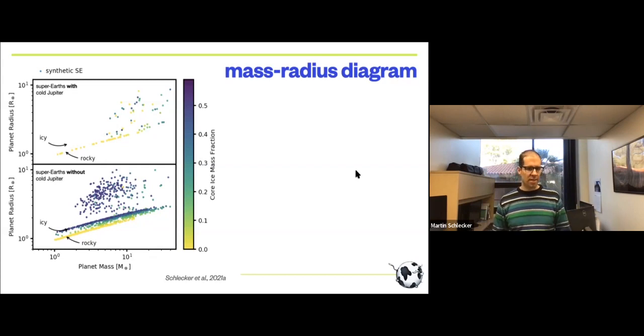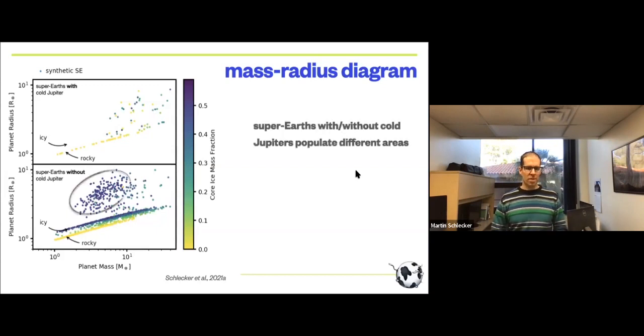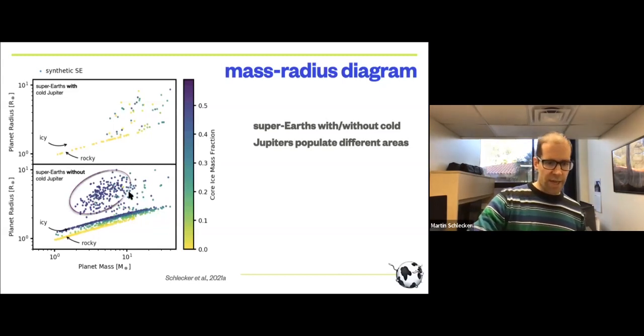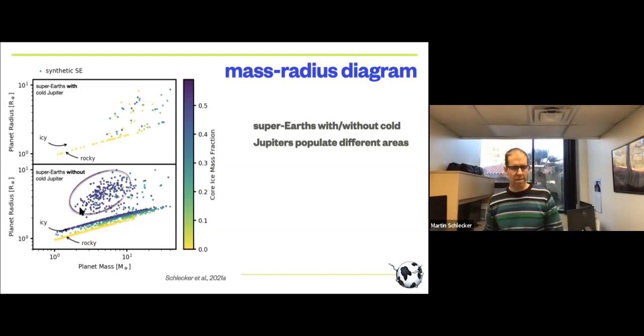But we also see already that there are almost no icy ones in the population with a cold Jupiter, so this is the upper panel. And the difference between these two populations of super Earths is even more evident for planets with atmospheres, because there we don't see this cloud of ice-rich and atmosphere-bearing planets in the systems with super Earth and the cold Jupiter.